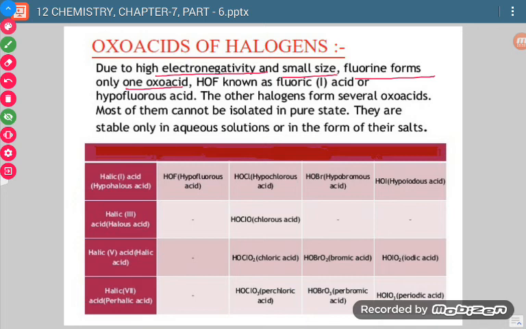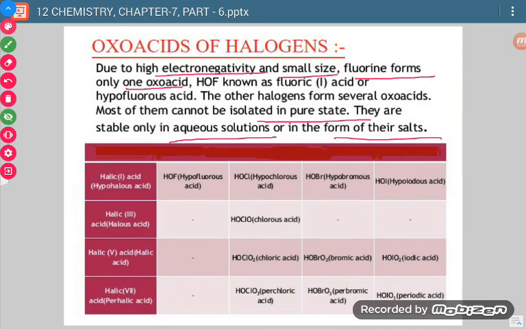Because of its small size and because of its high electronegativity. Now, they are stable only in aqueous solutions or in the form of their salts. So see, if we want to isolate these in their pure state, then it is difficult.